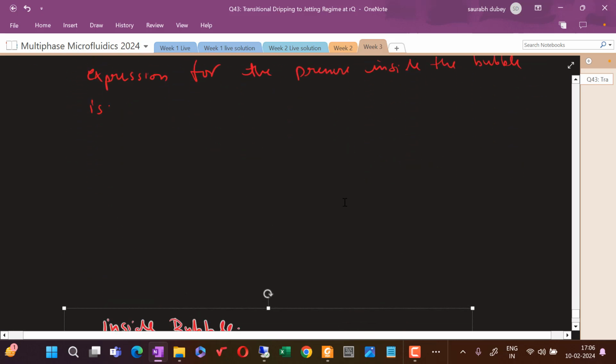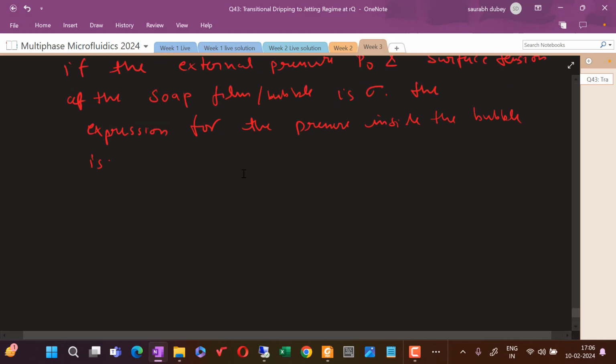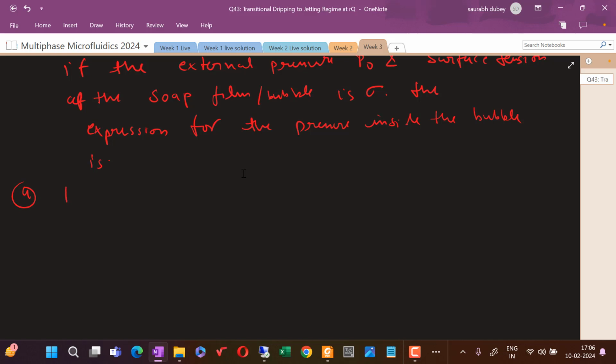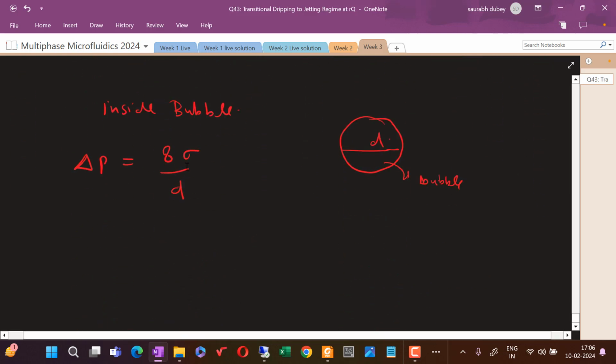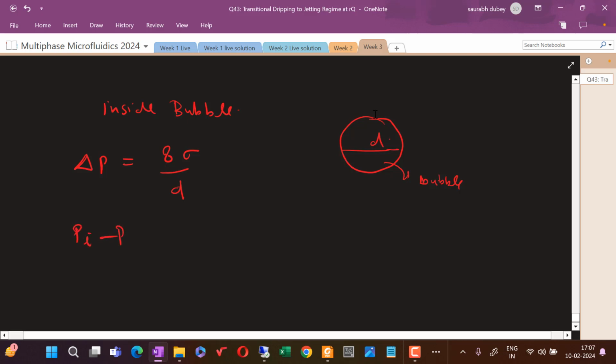So in that you have been provided with the options. Option A is P0, option B is P0 plus 2 sigma by D, option C is P0 plus 4 sigma by D, option D is P0 plus 8 sigma by D. So from here we see 8 sigma by D, this is P inside minus P out.